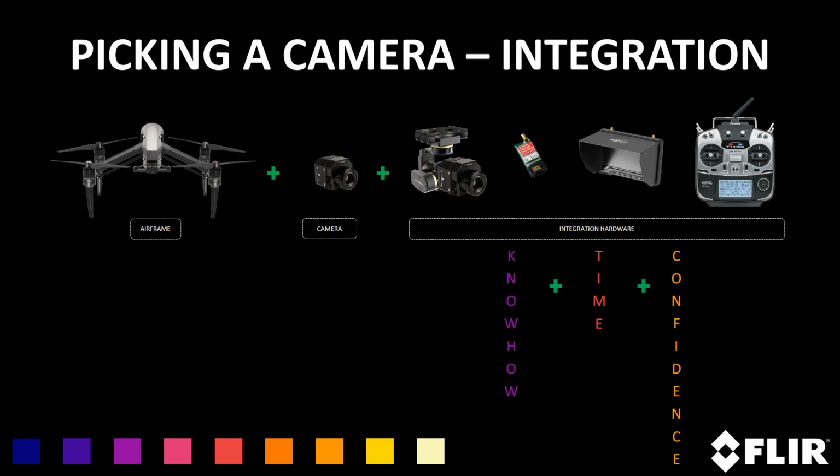But to get to the level of the Zenmuse XT, you would need to stabilize the camera with a gimbal system. You'd need to provide some sort of downlink through a transmitter, and there are cases where you could do it through, say, Lightbridge 2, but these take much more time to get to that level of integration. And so really it is a best practice to get these things from a value-added reseller rather than doing it yourself.